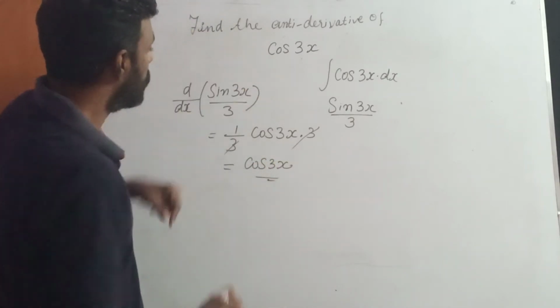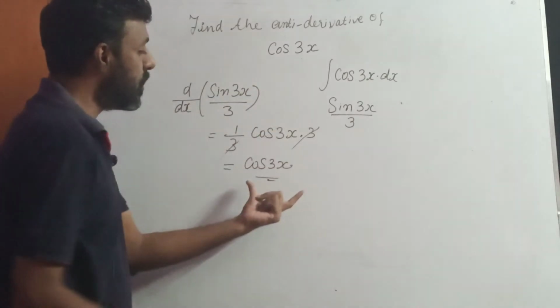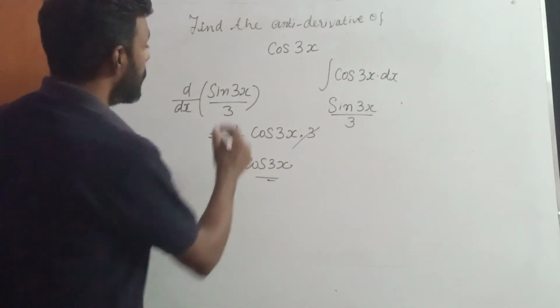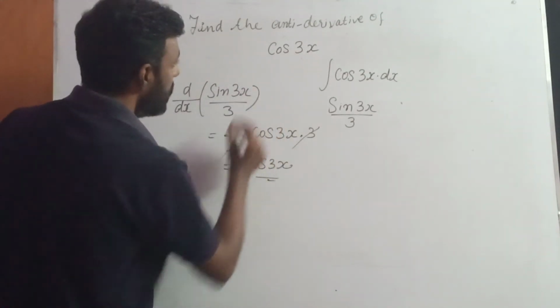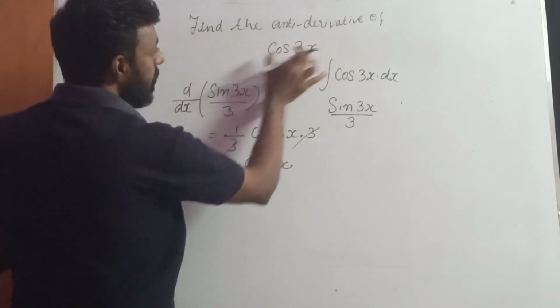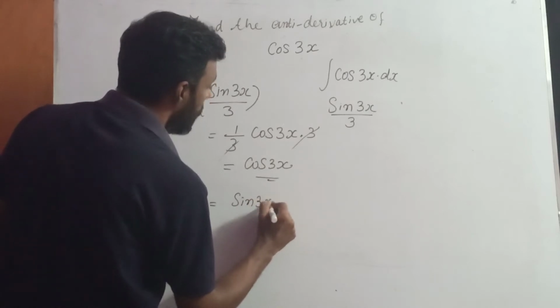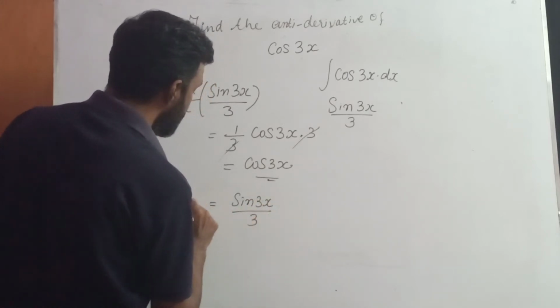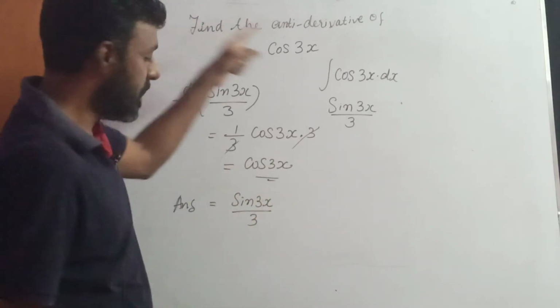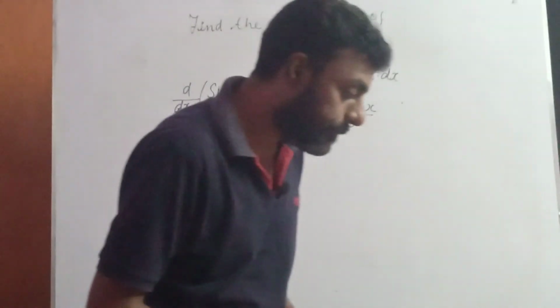So this is the value which was responsible for getting this answer. Therefore, the antiderivative of cos 3x is nothing but sine 3x divided by 3. This is the solution for this problem.